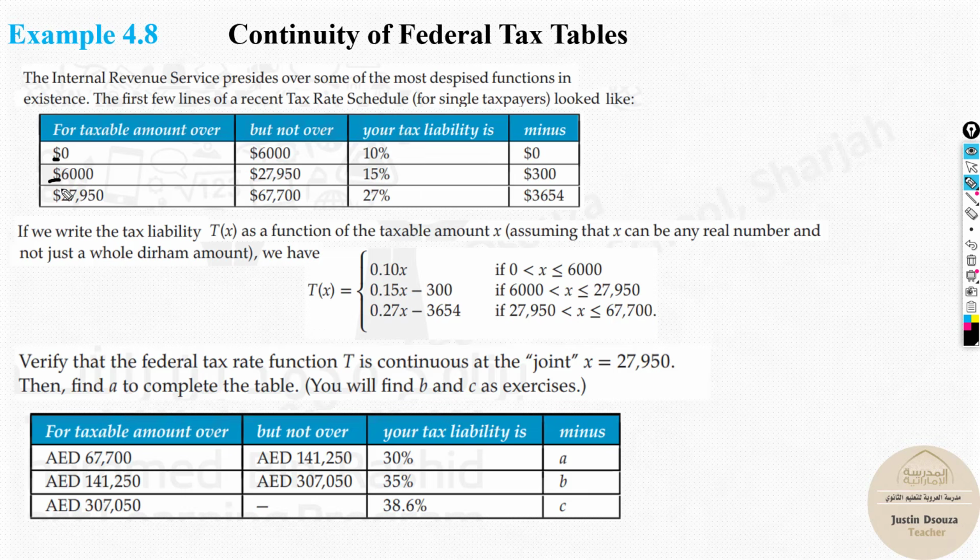Since it's in dollars, it's relating to the US. So let's just understand how it works. From 0 to $6,000, the tax is basically 10%. Your tax liability is 10% of this number minus 0. How do we write percentages? It's 0.1, 0.15 and 0.27.